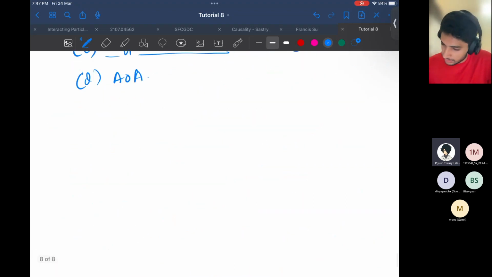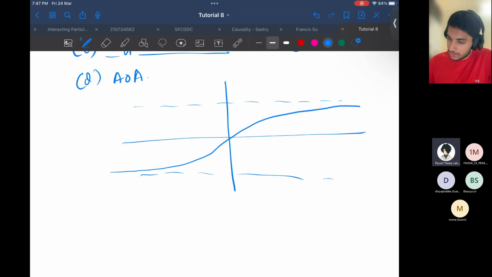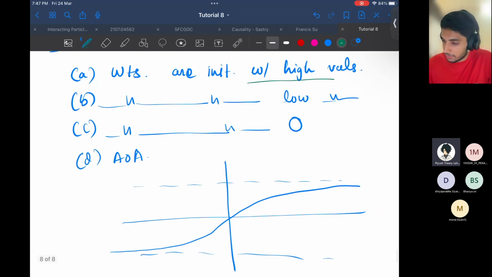Let me draw it again. Something like this. We know that it goes from here to here, right? Now, let's see. If you initialize your weights with very high values, it means that you are multiplying something very large to a number. That means your output should be very large, so it should be on this side of the axis.